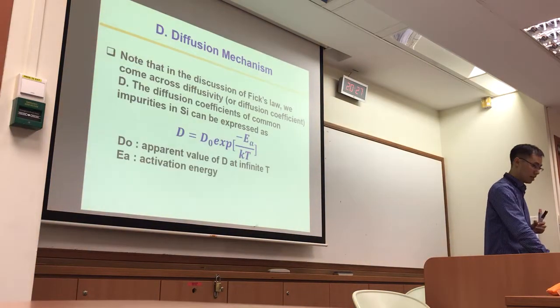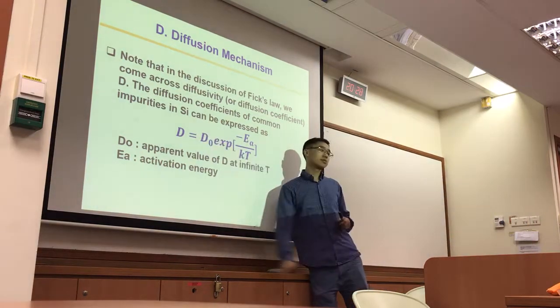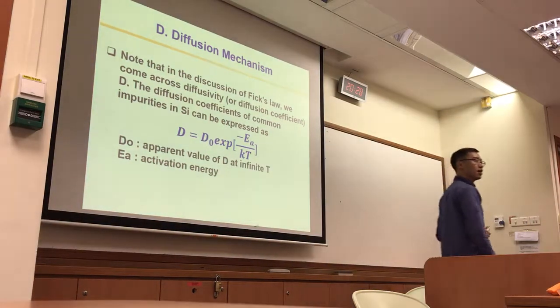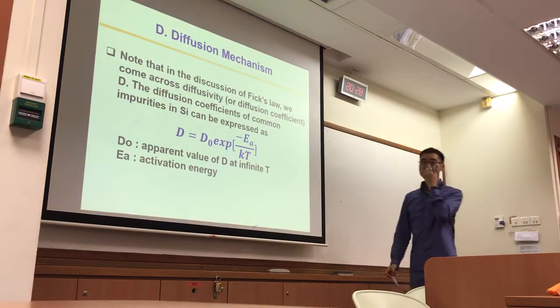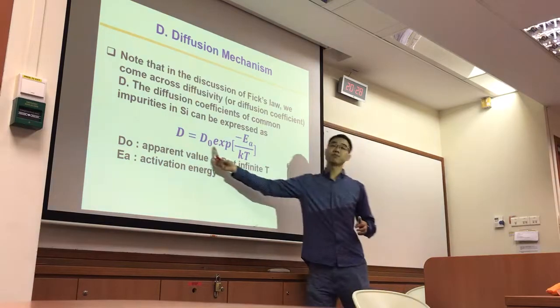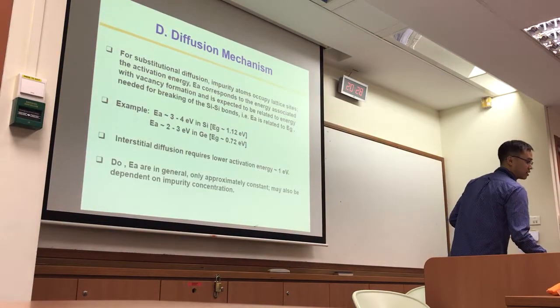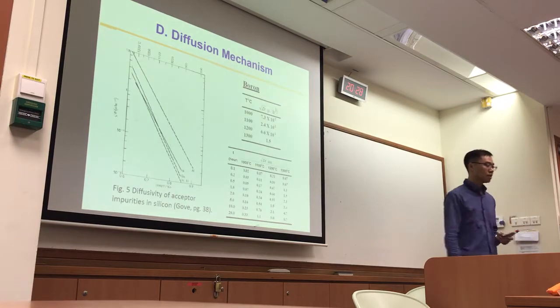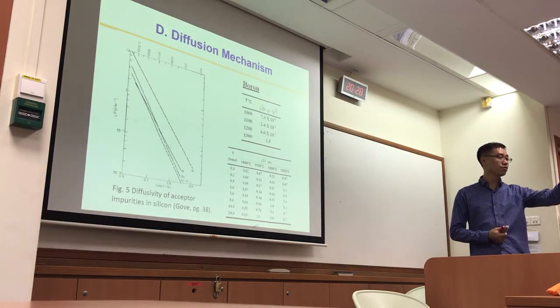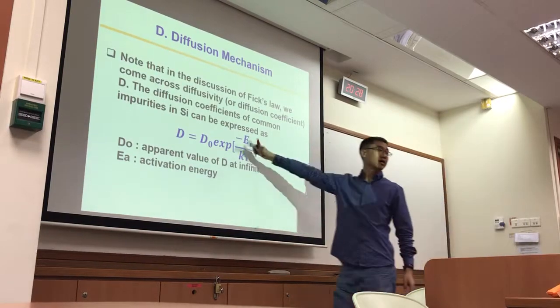I have also talked about this one. This is the diffusion coefficient, correct? If we plot on a log scale, this pattern is very important, and you have to remember this equation. I asked you to derive this one: take the log of this and see how it looks.